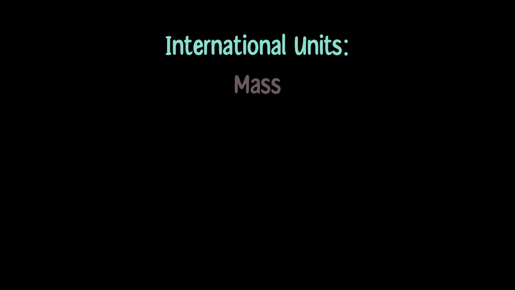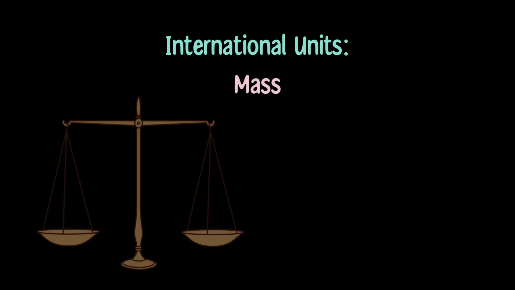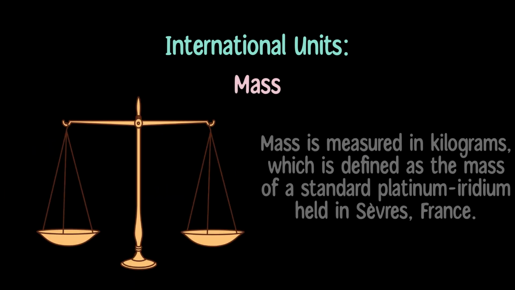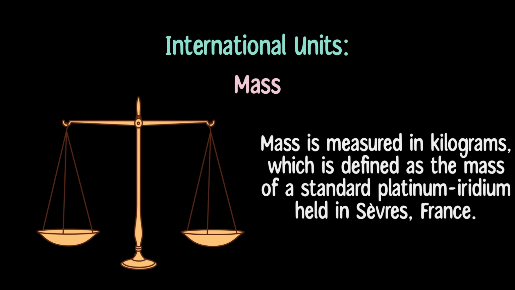The kilogram was originally defined as the mass of 1 liter of water, which surprisingly still holds up really well today. But the definition was changed to make it more accurate, and it is now defined as the mass of a standard platinum iridium cylinder that's held in Sèvres, France.